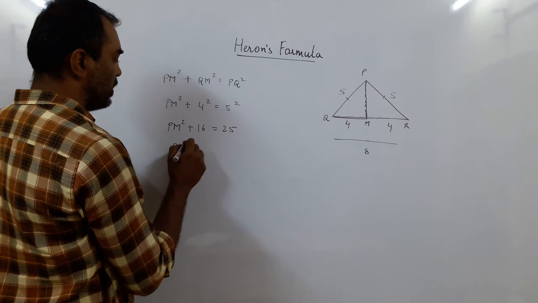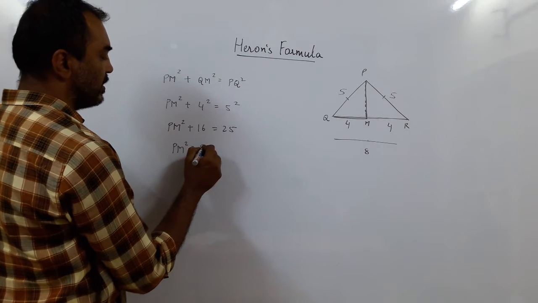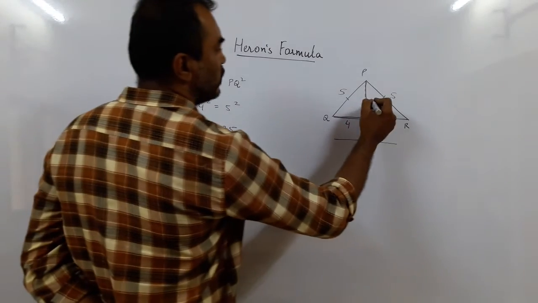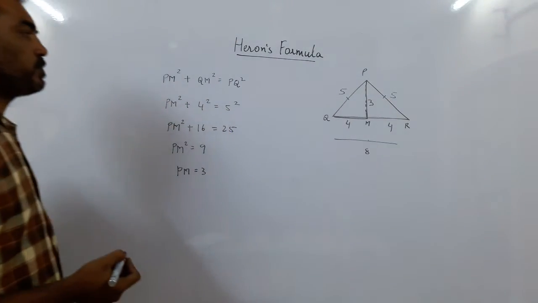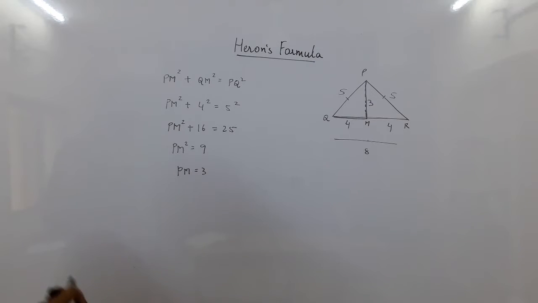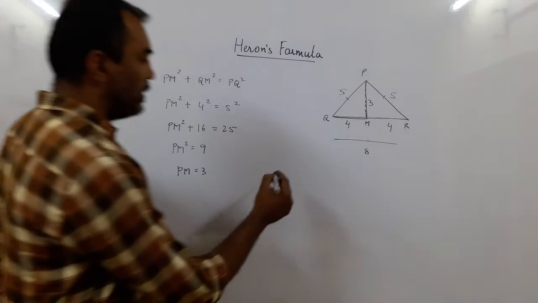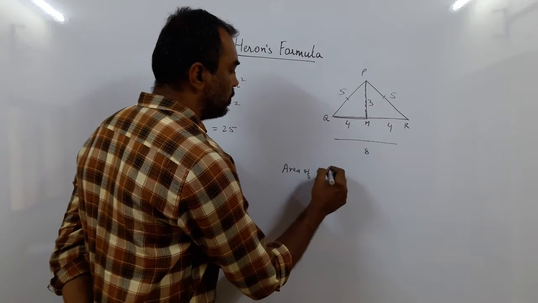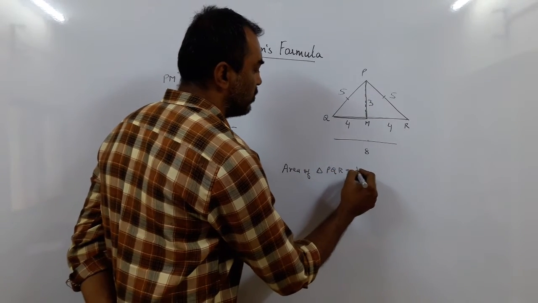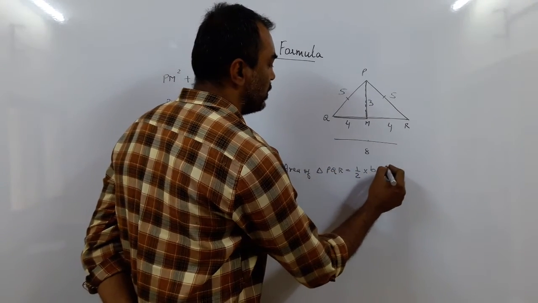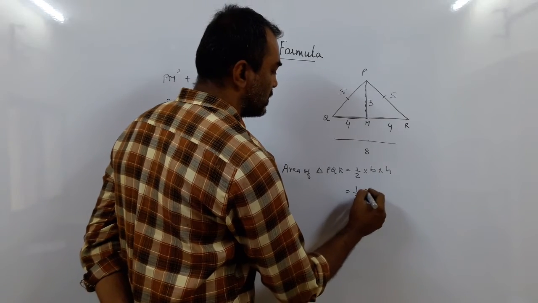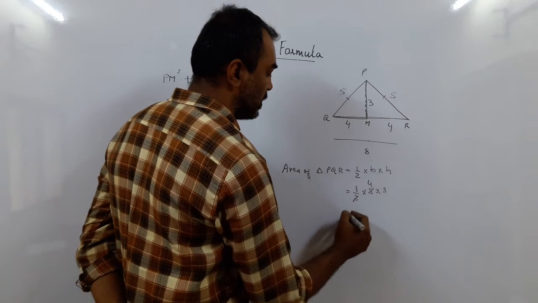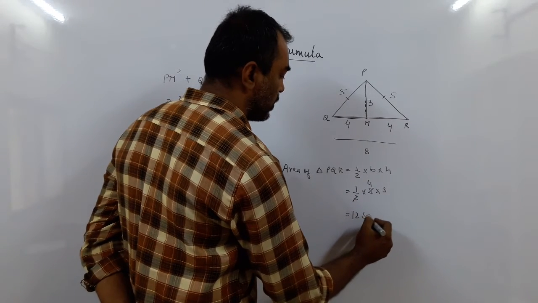So PM square equal to 25 minus 16, that is 9, and PM equal to 3. So we get 3 units. Right? Is it clear to you? Got PM 3. Now area of triangle PQR is equal to half into base into altitude, that is half into 8 into 3, 2 4s are 8, so 12 square units.